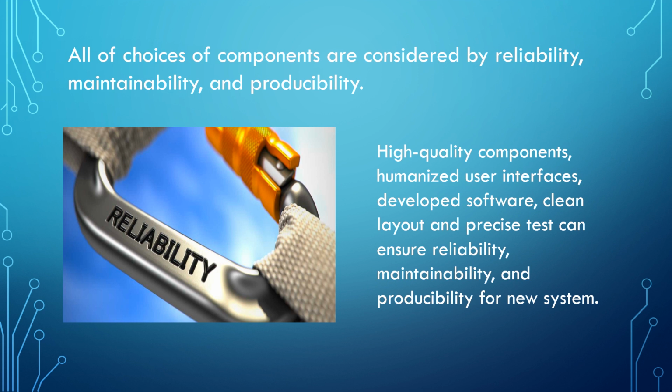So for the component choice, any component I chose satisfies high quality and good performance. And the user interface and software I mentioned before are good enough, and the clean layout and the test we do next.